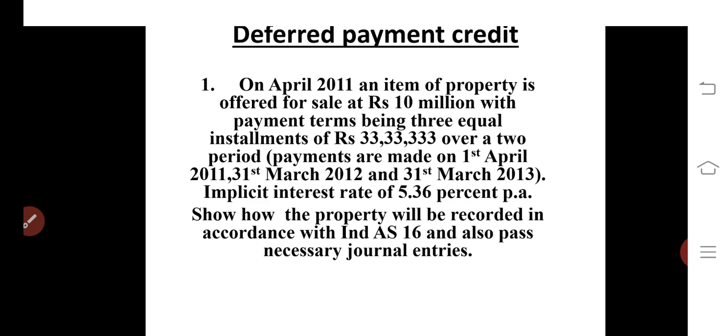Payments are made on 1st April 2011, 31st March 2012, and 31st March 2013. There is an implicit interest rate of 5.36% per annum. How will the property be recorded in accordance with Indian Accounting Standard 16, and pass the necessary journal entries?